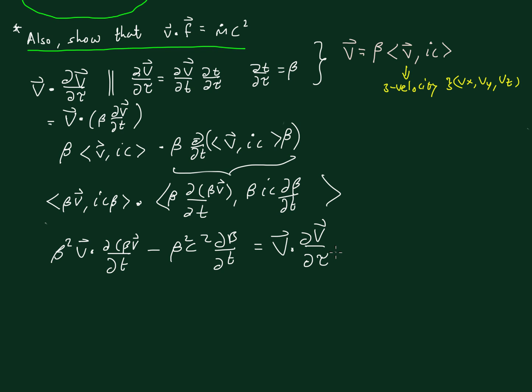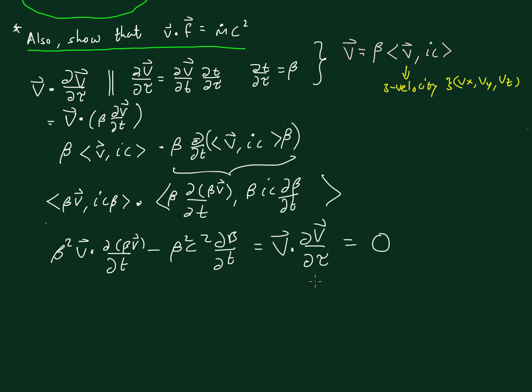Now, if you recall from the last video, we had an identity for this term here, and that identity was that dV/d tau dotted with V is equal to 0. The dot product between the forward velocity and its time derivative is equal to 0.